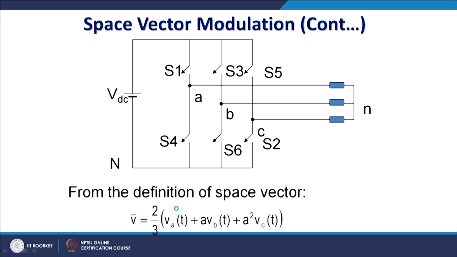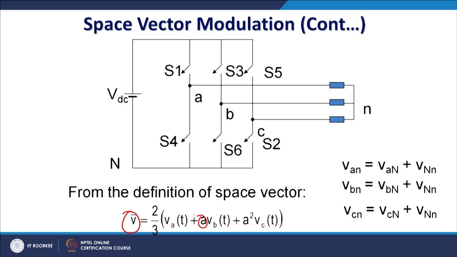We know that, according to the definition of the space vector, this average voltage will be 2/3 of the VDC, that is, the maximum available will be 2/3 of VA, VB, VC multiplied by the prefix e to the power j omega t.